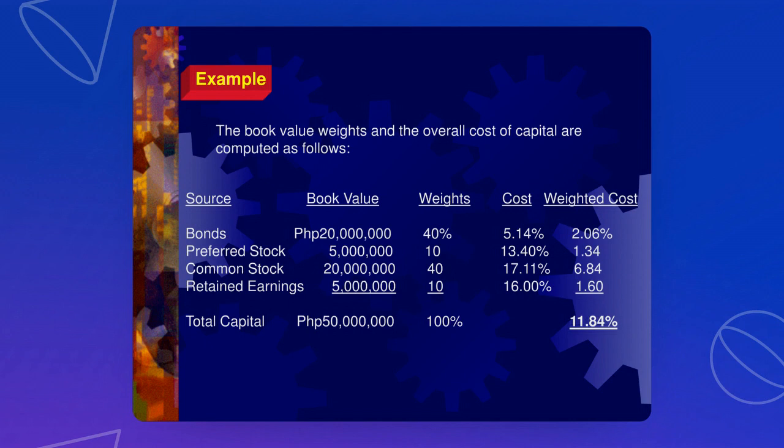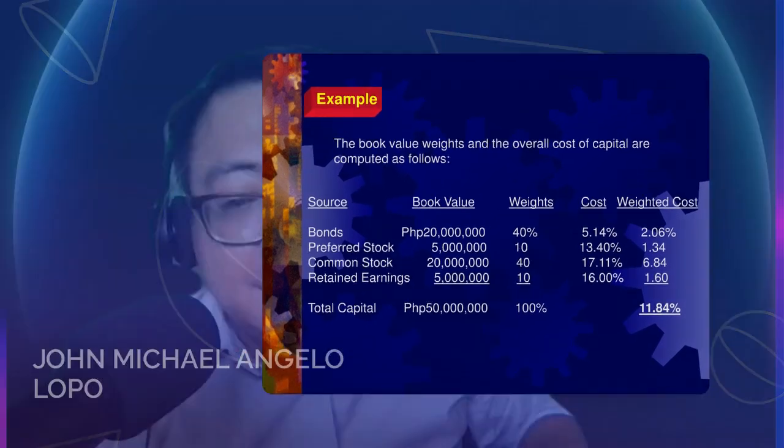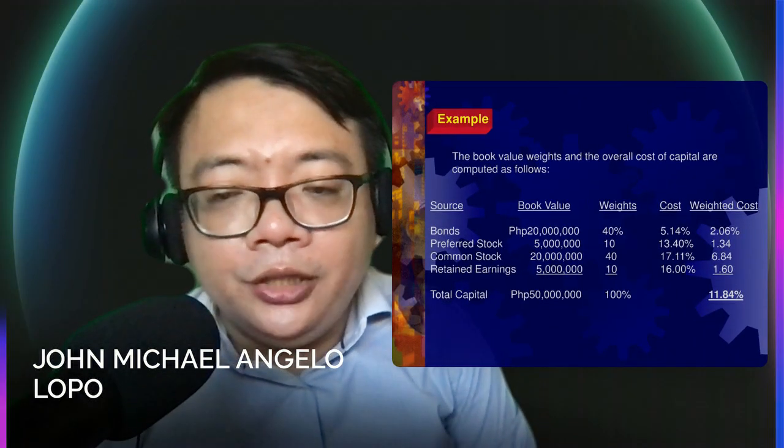So, just multiply it by the weight of the capital structure. 40% times 5.14, 10% times 13.40, 40% times 17.11, and 10% times 16%. So, how much would be your weighted average cost of capital? Just add na lang. And the answer here is 11.84%.